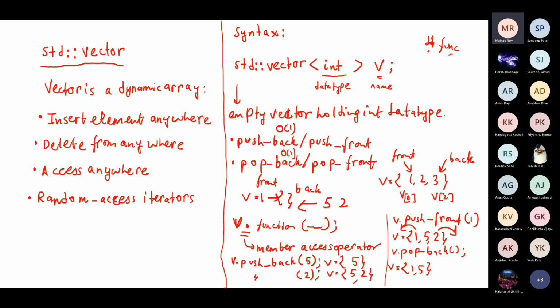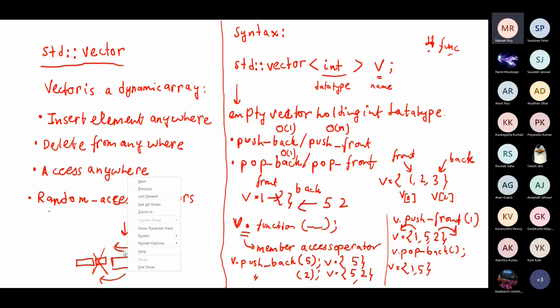I do not remember, but most probably these are linear time. In general, if you are inserting and deleting from anywhere, the time complexity is the number of elements that you have to move backwards. Say if you have this and you are removing this element, then you have to move this many elements.